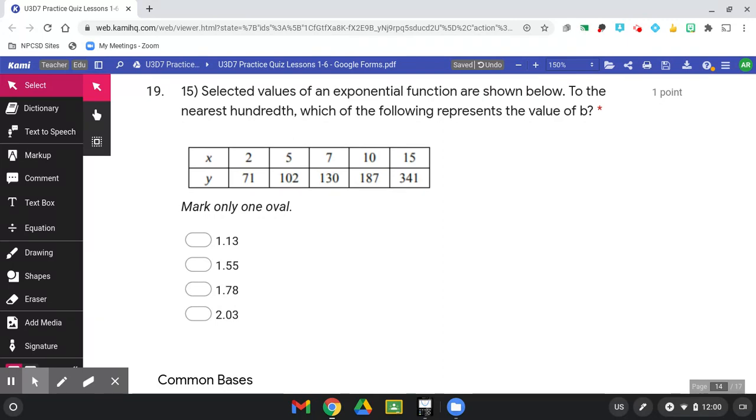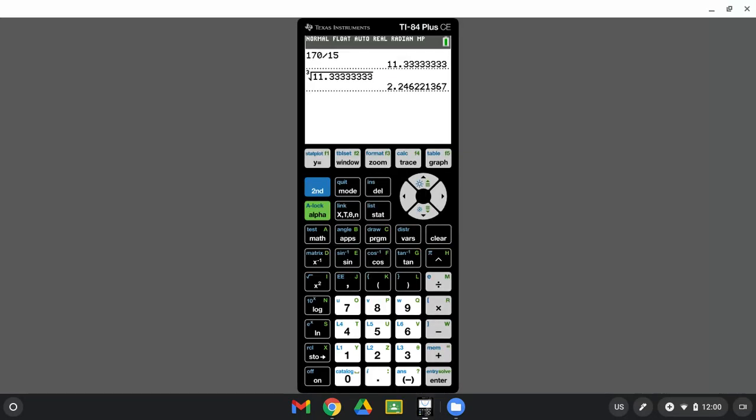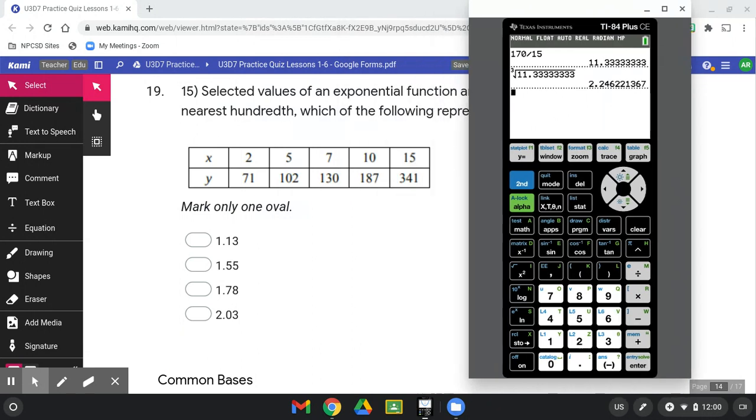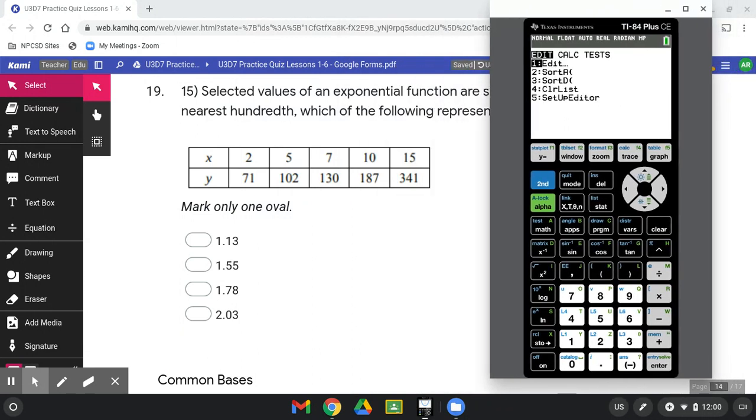Okay, this is done the same way. I'm going to go ahead and put this into Stat, Edit, and clear these out. And then I'm going to put in my X values: 2, 5, 7, 10, and 15.